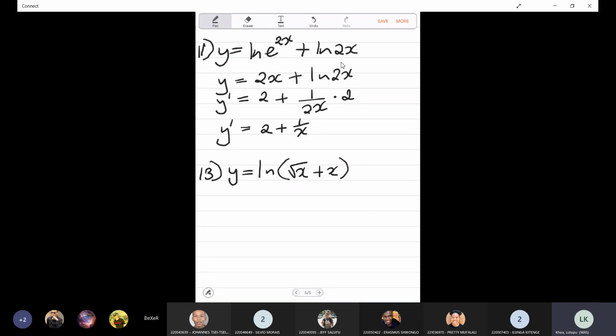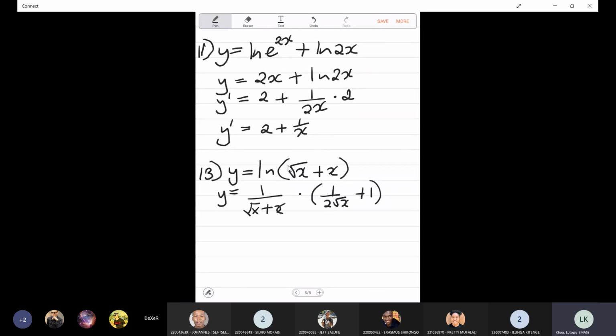So we have y prime is equal to 1 over the square root of x plus x, and then you multiply by the derivative of square root of x plus x. So we put it in brackets to show that it's the entire derivative that is multiplying by this, not just the derivative of square root of x. So this is 1 over 2 square root of x plus 1.